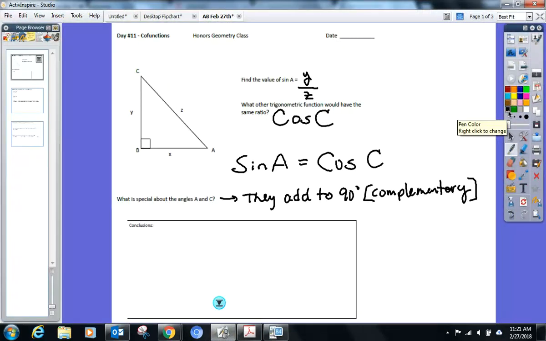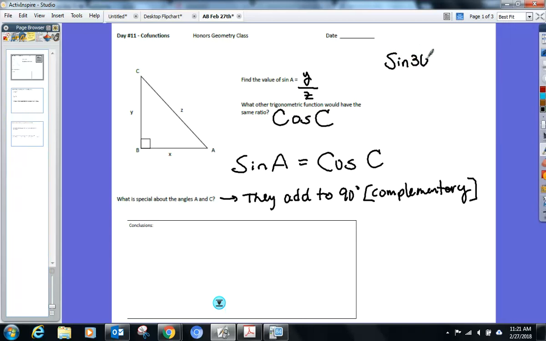I don't need you to write this down. Sine of 36 is also equal to cosine of, what do we know about these two angles if they're equal? Complementary. So what's your guess? Sine of 36 should be the same as the cosine of 54.